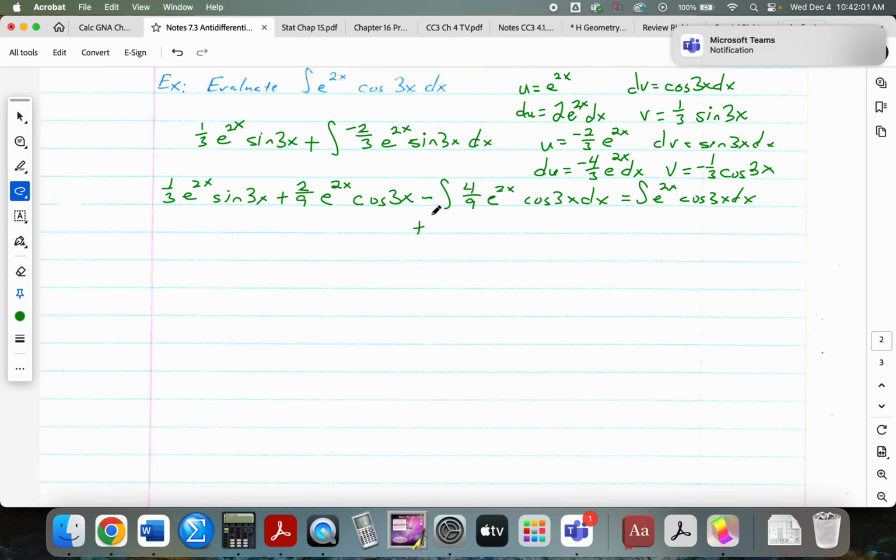So I'm going to add 4/9 of the integral of e to the 2x cosine of 3x dx to both sides. When I do that, I get all of this stuff that I had here. The worst part about this, honestly, is all the writing you have to do.